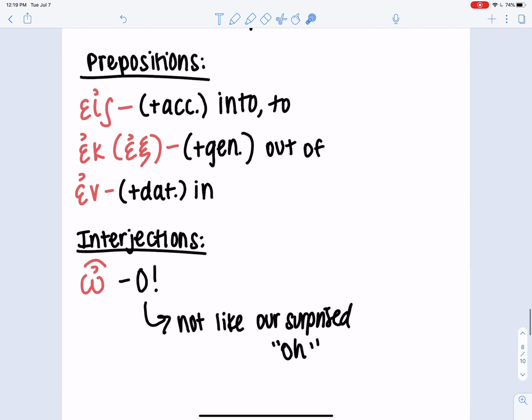Then for interjections, I mentioned this earlier, we are going to use o, which is just an omega with smooth breathing and a circumflex over it. It just means o, but it's important to understand this is not like our surprised oh, it's like oh, the gods type of thing.